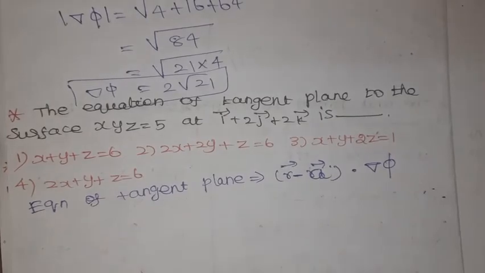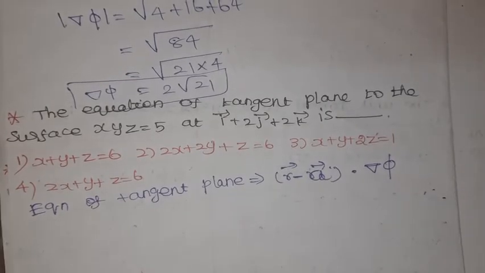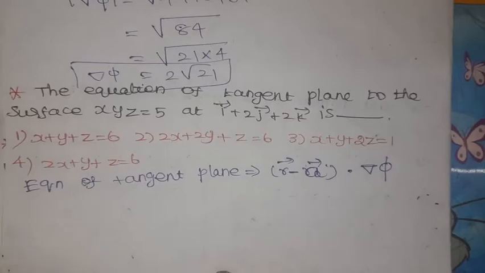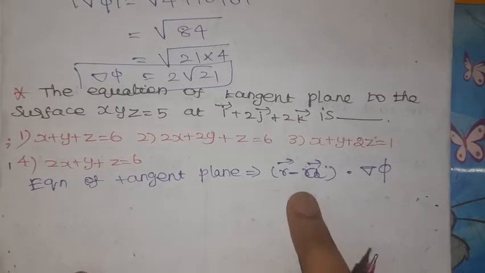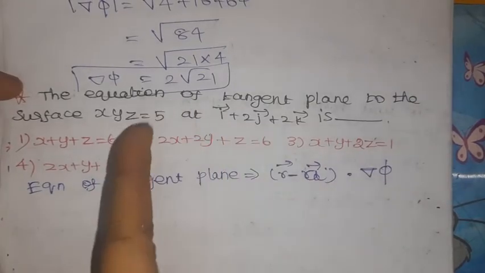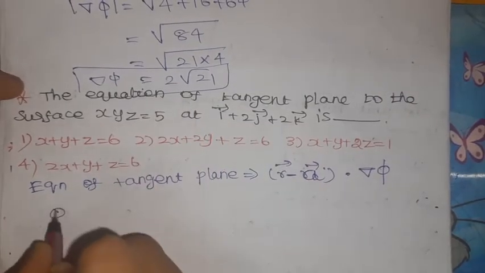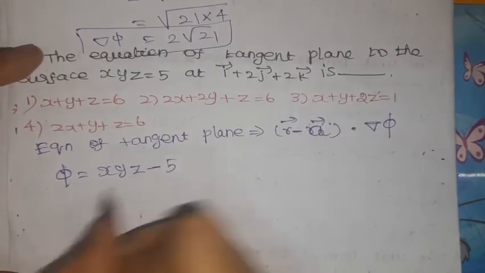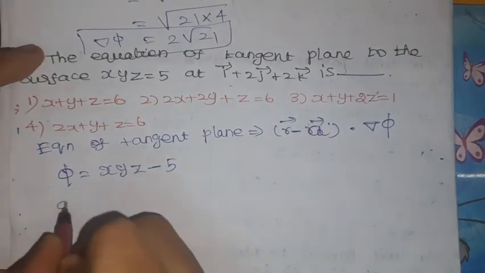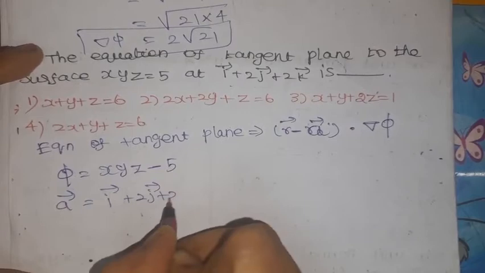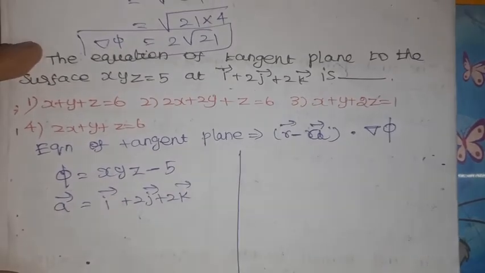Then what is the equation of the normal plane? If asked, we have one more question here; we'll see the equation of the normal in the next problem. So first find the equation of the tangent plane, which is r minus a dot del phi. Here phi is xyz minus 5, and this is the given point.